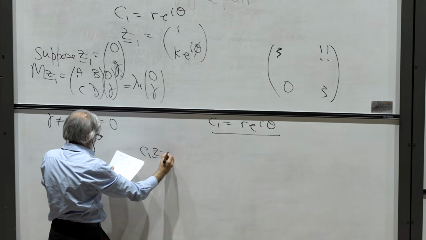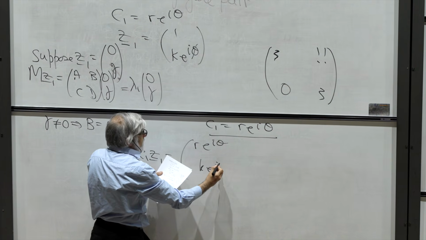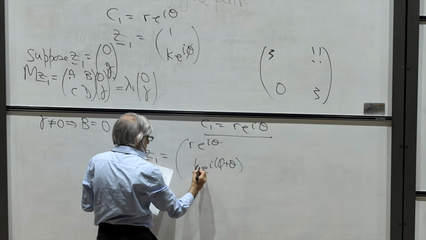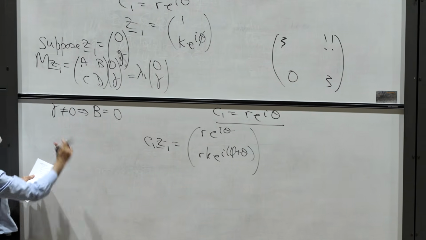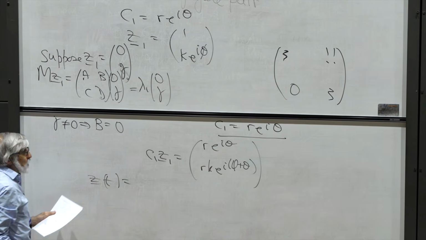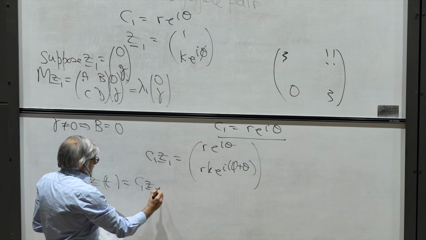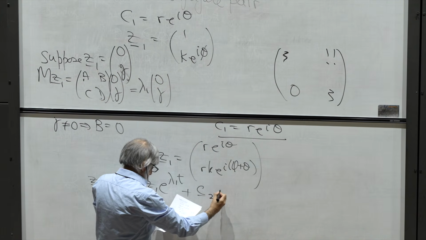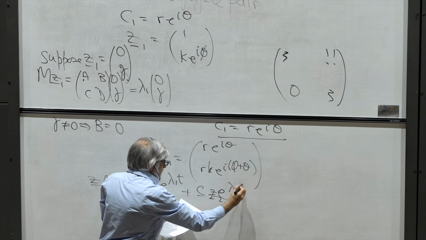So C1 Z1 is R e to the i theta, k e to the i phi, plus theta, times R. And therefore, what's Z? Well, remember, Z is going to be C1 Z1 e to the lambda 1 t plus C2 Z2 e to the lambda 2 t.